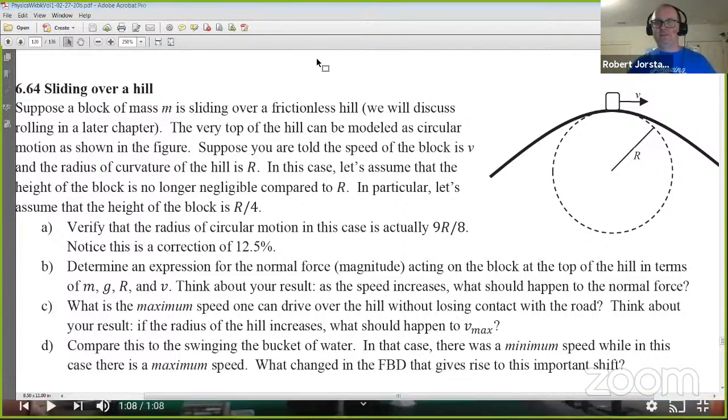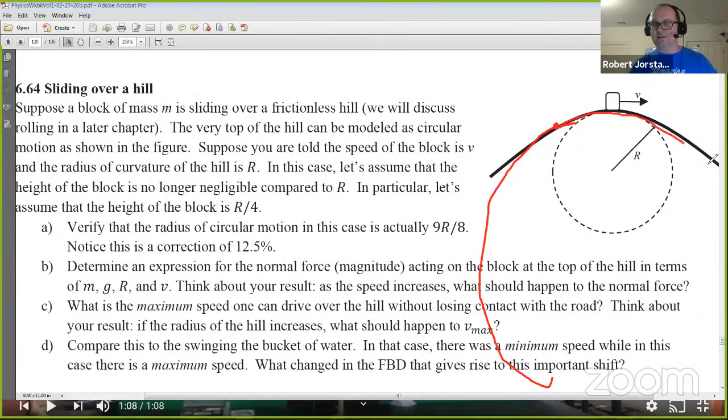And what physicists do is they say, well, look, at any point in this turn, we can model the curve as a circle. The curve itself is not a circle. It looks almost like a parabola or something. So imagine if you were at this point on the parabola, it looks like a circle, but with a much different radius.